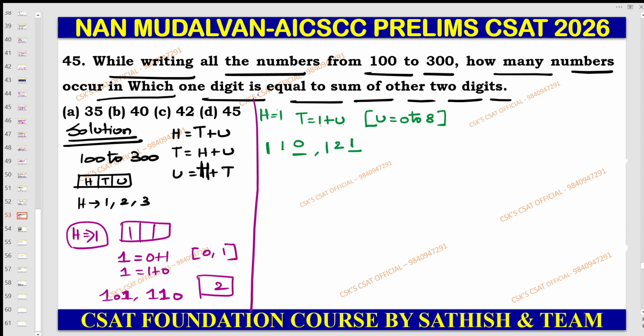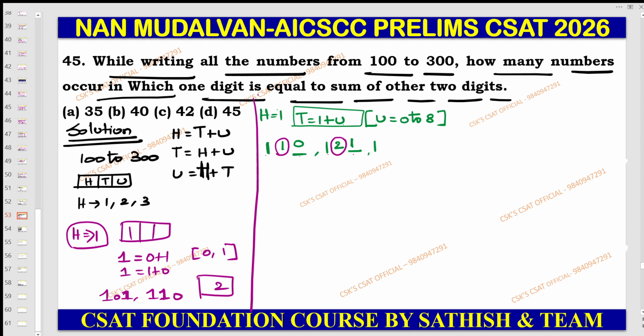What is the logic here? See, in the hundreds place you are getting 1. 0 1, if you are adding 0 plus 1, 1. 1 plus 0, 1. Same logic you have to get here. Now you are focusing on the tens place. So here, 1 plus 0 becomes 1. 1 plus 1 becomes 2. Getting? So this is the logic here. So now how many such numbers are there? Quickly you have to do here.